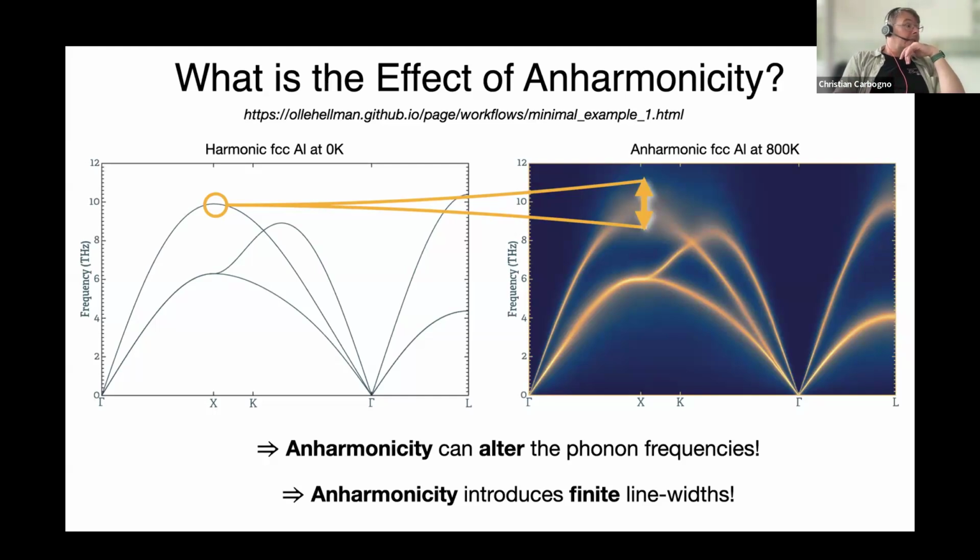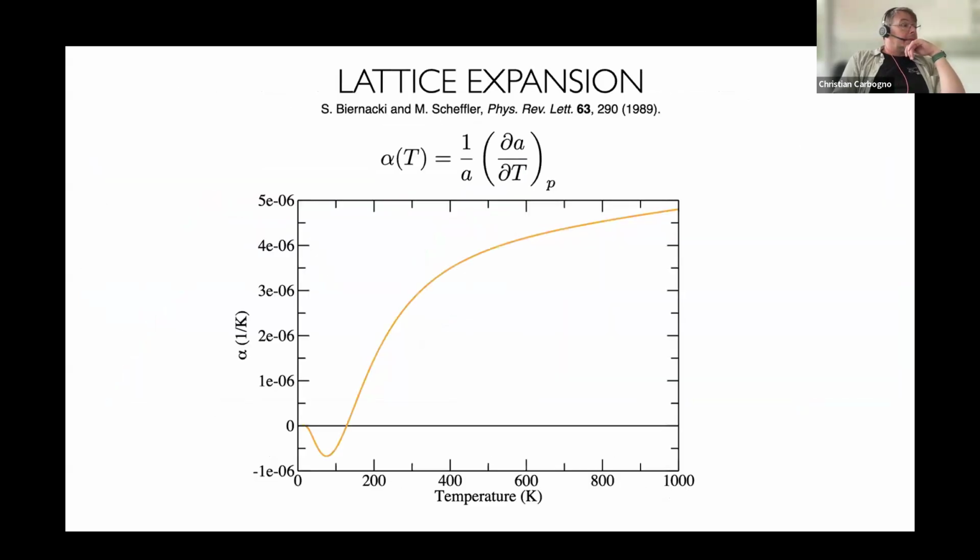And lastly, I would like to discuss an additional anharmonic effect that is quite interesting, as we discussed before. What you can do is look also at the harmonic energies and at the anharmonic effects for lattice expansion.